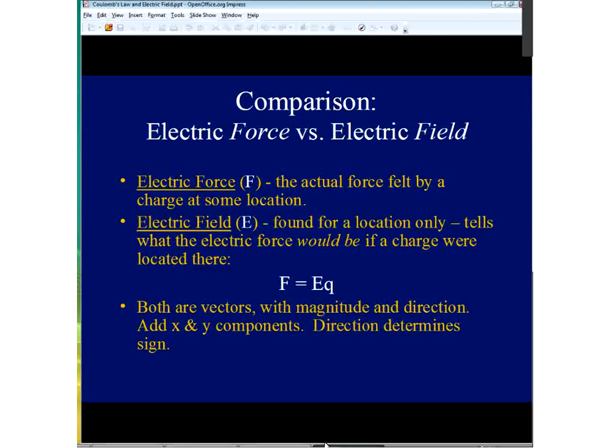Now, what is the difference between force and field? Well, force acts on a charge. And that charge is located at some point.